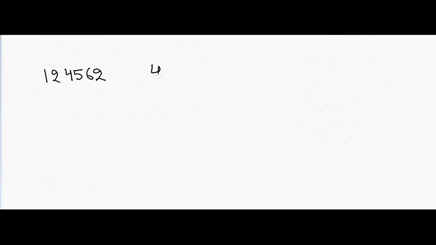In that case I have to look at the last two digits and check whether they are evenly divisible by 4. So 62, if we try to divide 62 by 4, I get 15 and then I have 2 left. So that is not evenly divisible by 4. So this number cannot be evenly divided by 4.